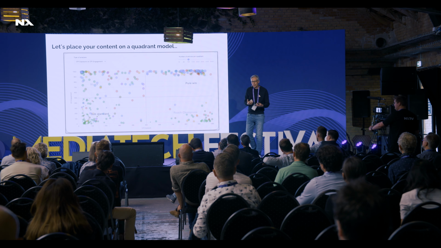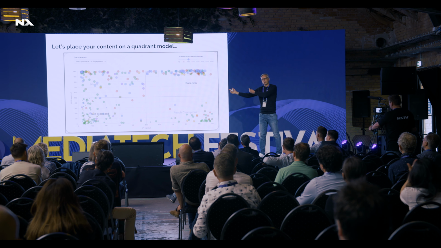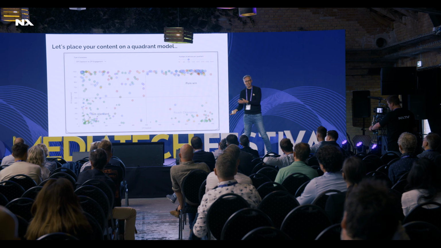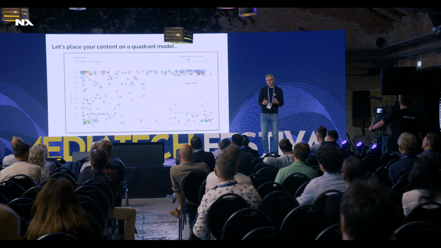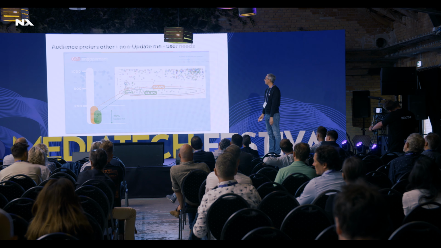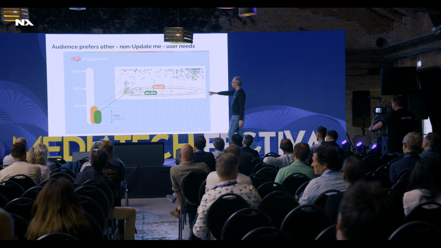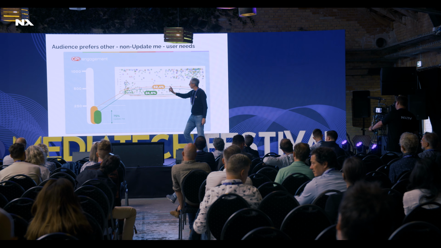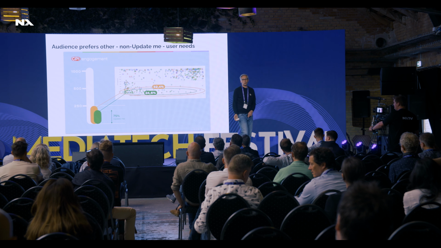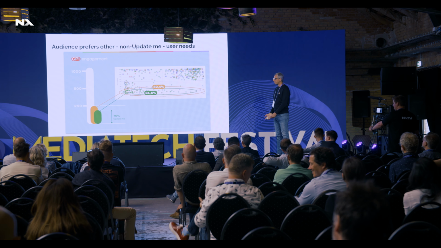So the audience tells you what kind of articles it prefers. And again, it's not about writing about Kardashians all the time, because you can write about serious things, but not through the update me angle, but from other angles as well. We looked at this underperforming website, at the substandard articles, and 75% of them were update me. So no question here.